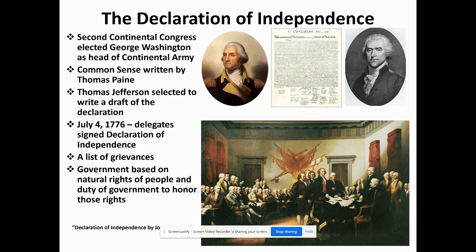So the government is supposed to be set up to be able to protect their people and honor the natural rights that those people have or those citizens have, right?